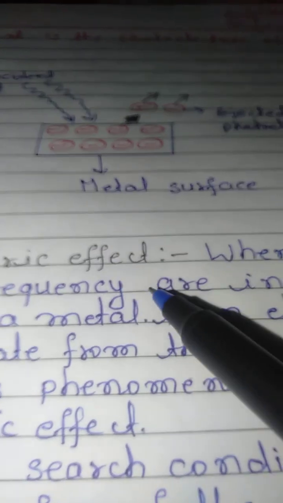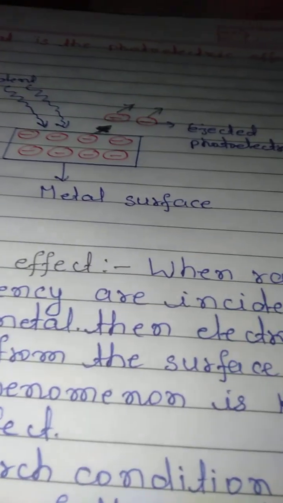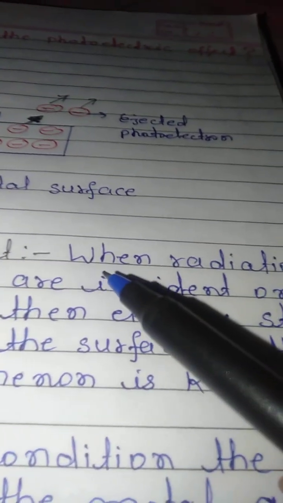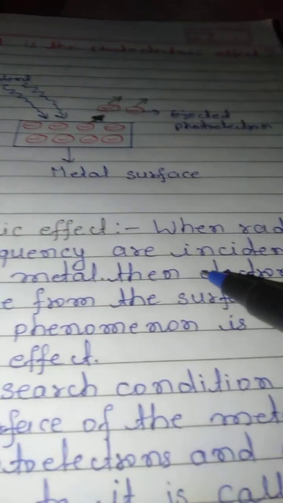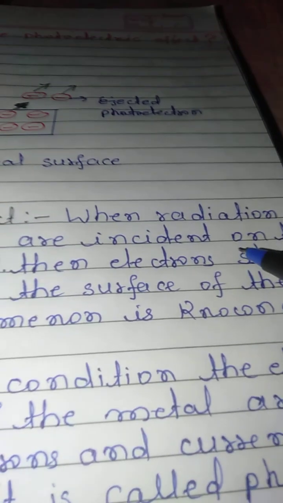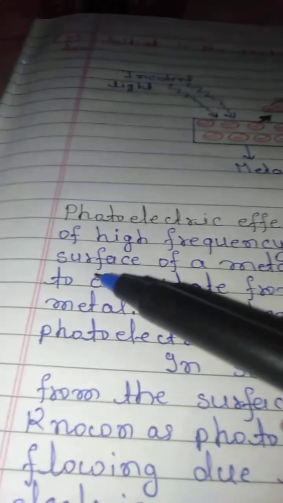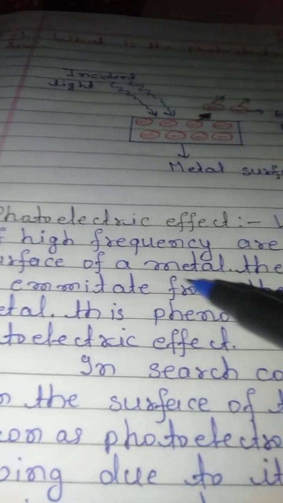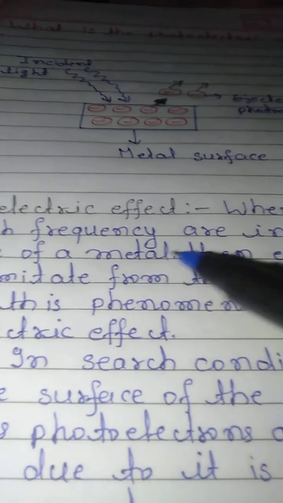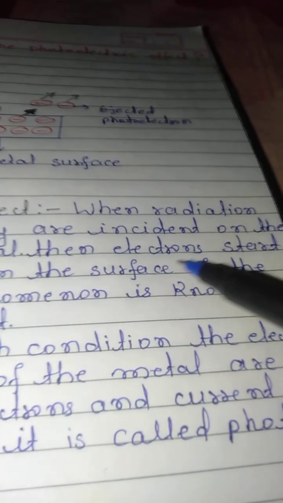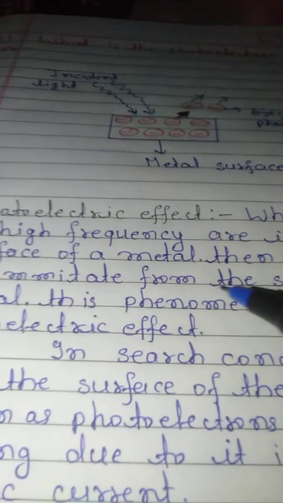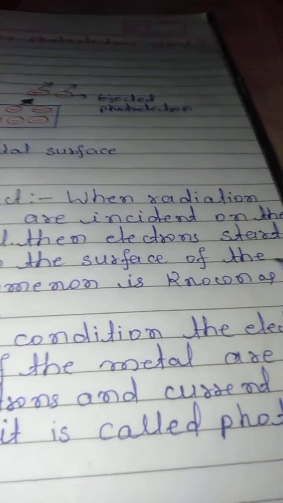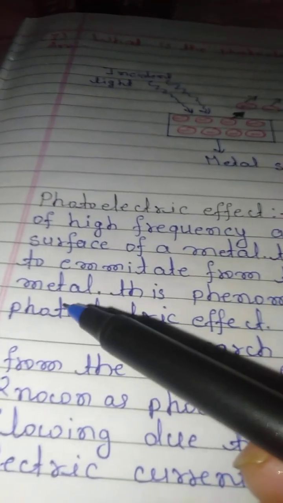Photoelectric effect: when radiation of high frequency is incident on the surface of a metal, then electrons start to be emitted from the surface of the metal.